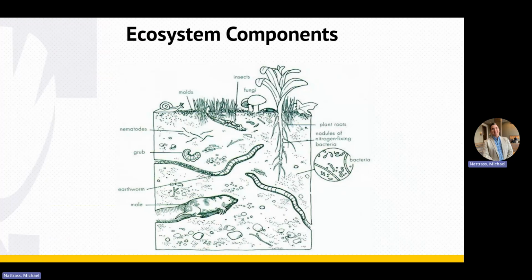We've got nematodes, microorganisms. We've got big organisms like earthworms. We've got even bigger organisms like moles that tend to tear up our yards. So all of these things play a role in how well our plants survive, whether it be in our garden or in a large cropping system or in a natural habitat.